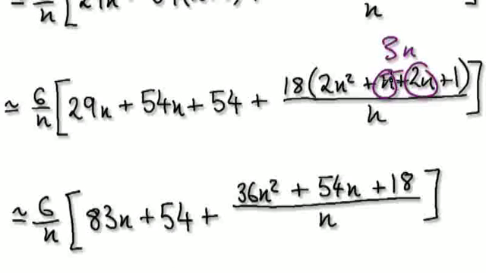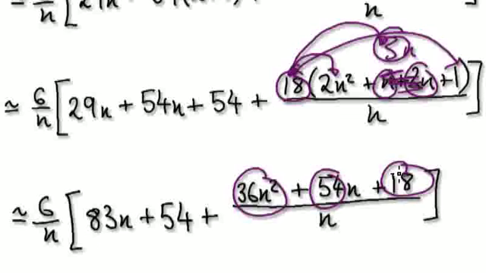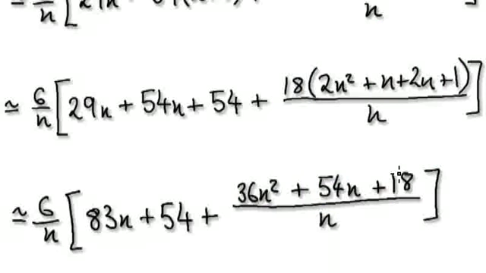That will give you 3n. Sorry. And then this times this here will give you 36n squared. This times this here would give you 54n. Okay, and then this times the 1 here would give you 18. Okay, and then, oh yeah, and then merge these two together.